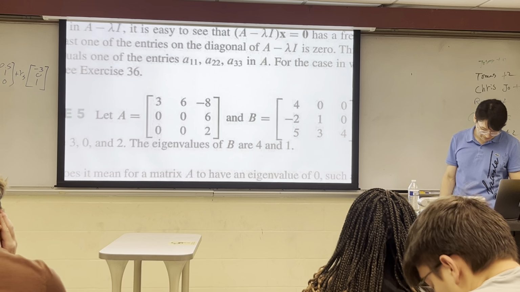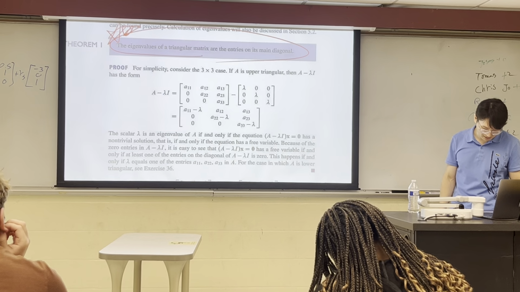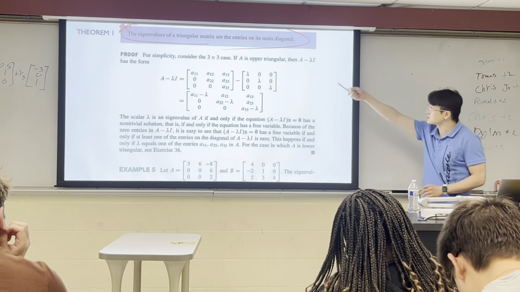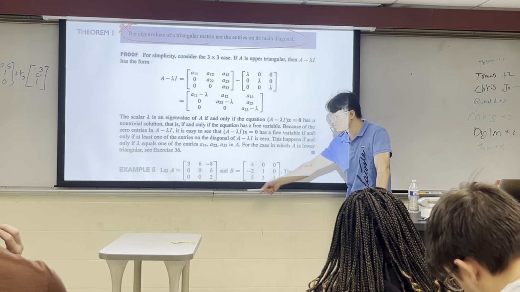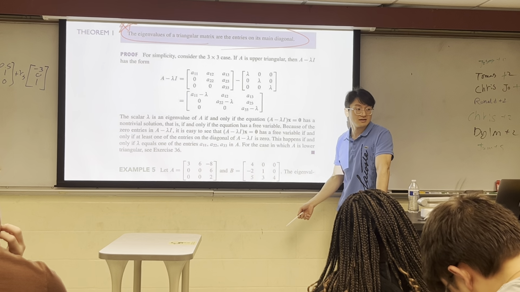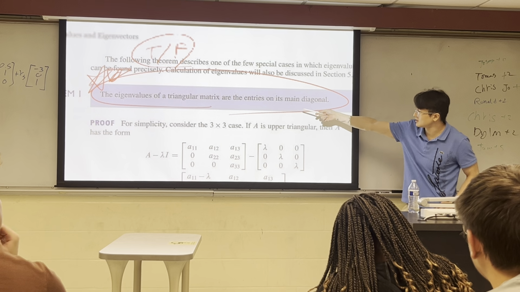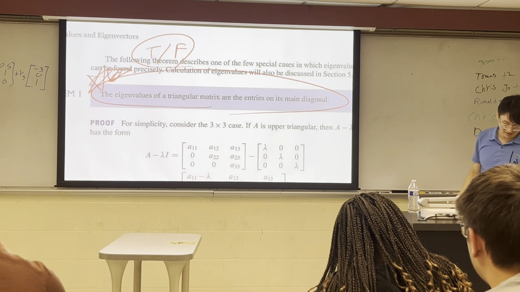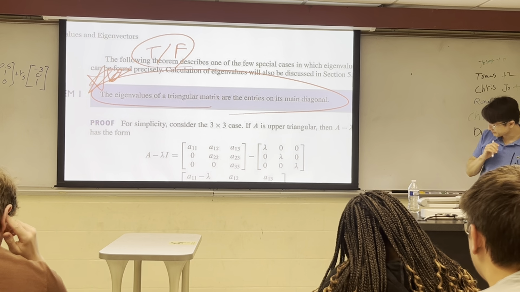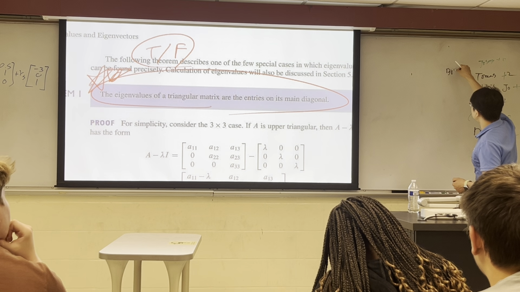Okay, so I want to use this theory. Let's say I give you a matrix A. Brian, can you read this? Which one? This the purple. The eigenvalues of a triangular matrix are the entries on its main diagonal.